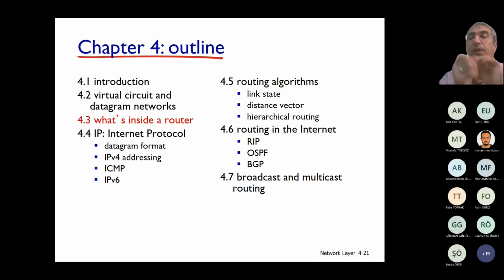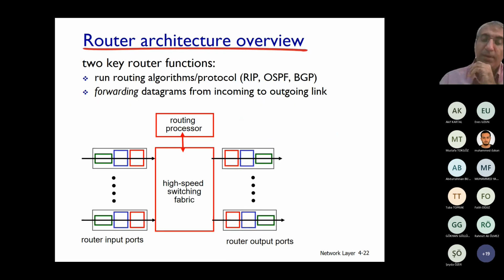Another topic is the router. We use a router device at this layer. Let's look at how a router works by looking at the router architecture. There are two key router functions, as I mentioned.